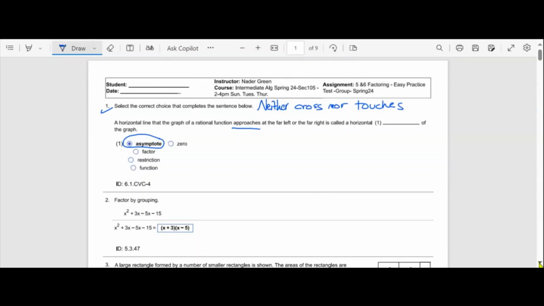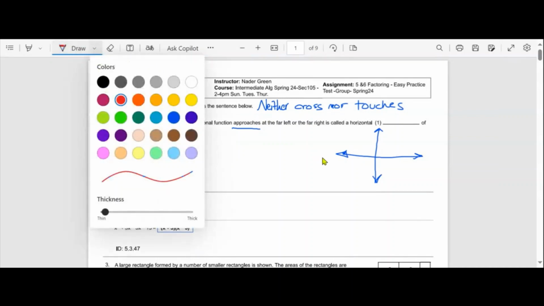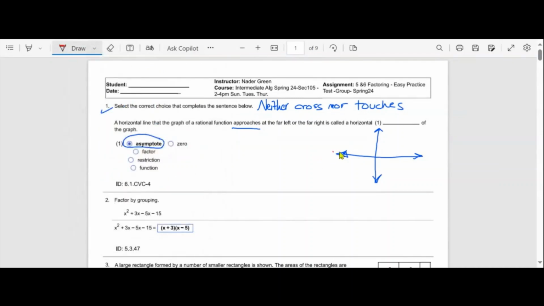Clear. Okay. If you want to see a graph for this, something like this. That's the X and this is the Y. If you have a graph similar to this, look, it's coming closer to the X-axis, but does not touch it.